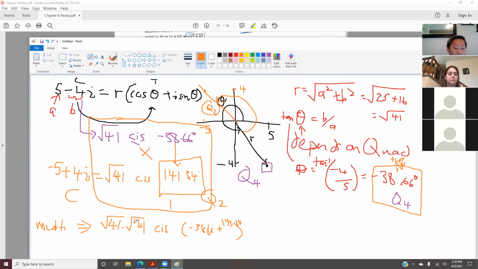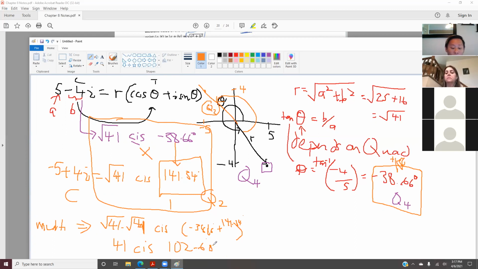The good news about multiplying with the same square root, root 41 times root 41, you end up with 41. And then what you do with these angles is you add them. So 141 plus 34. This one is subtract because one of them is minus. This one came out to be 102.68.